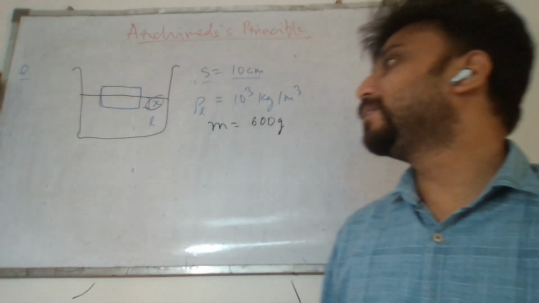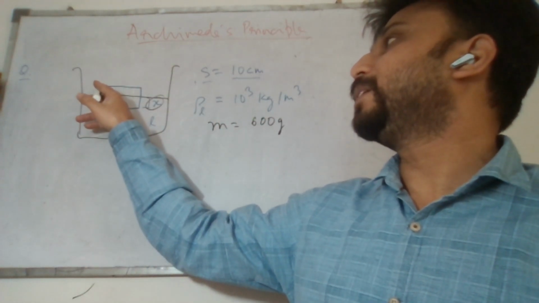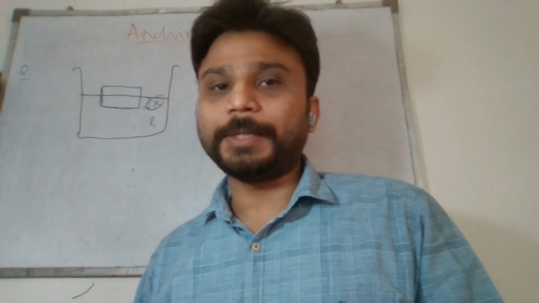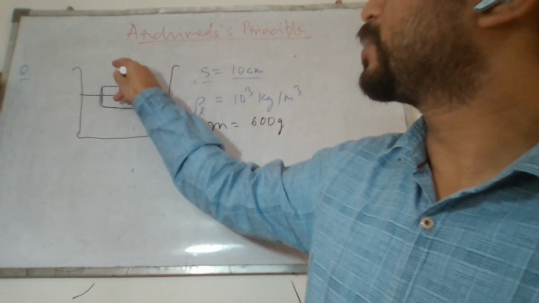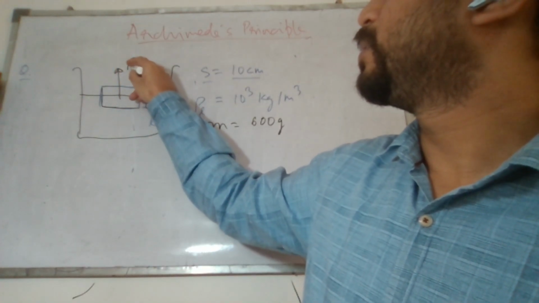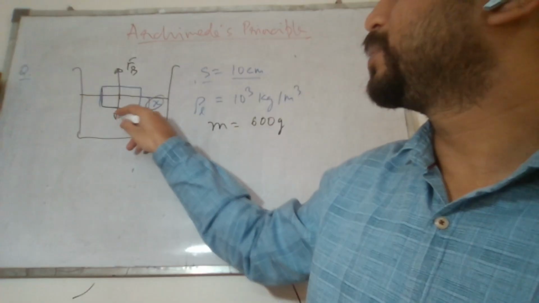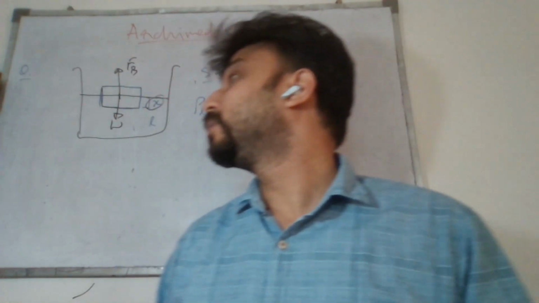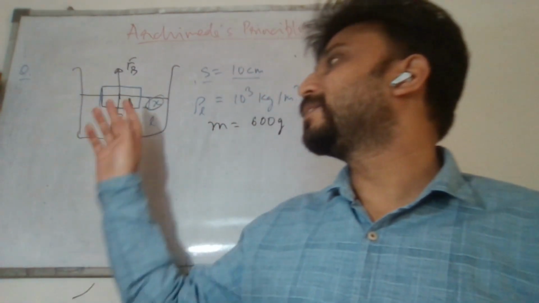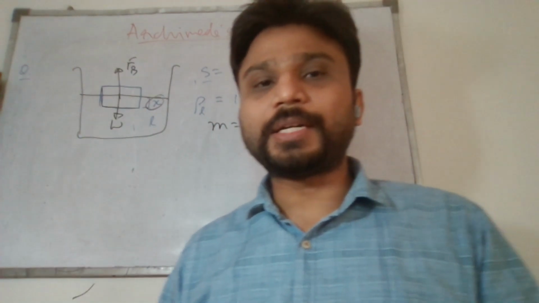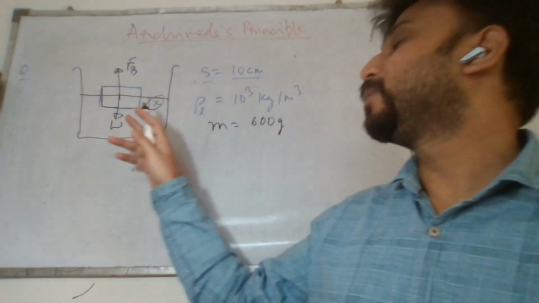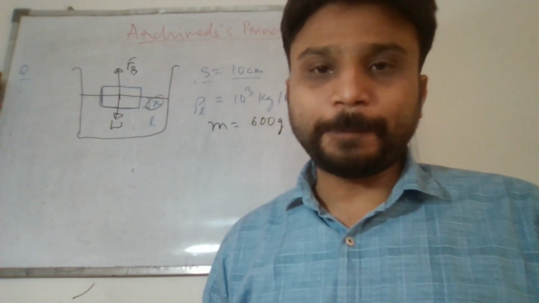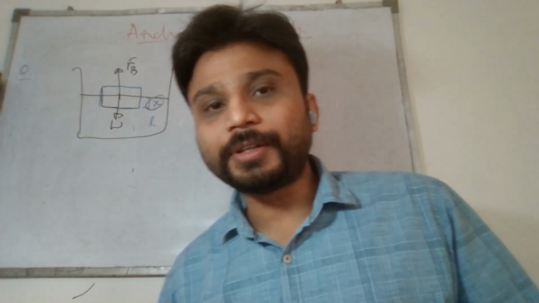So this means that if there is some kind of upward force acting on this body, then that upward force should be balancing the downward force, which is the weight of this object. So this object has some weight W, which is balanced by the buoyant force. And depending upon what the weight of the object is, the x will adjust automatically. This is what we have to learn.